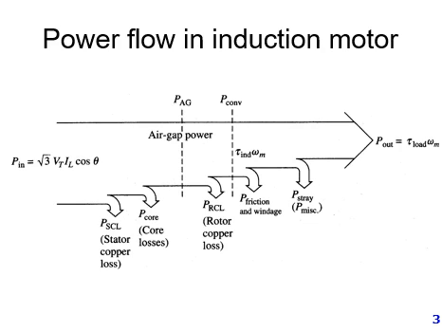In this power flow diagram, it is quite obvious that this is our input power, after which we experience the stator copper loss and core losses. Then PAG, where AG stands for air gap. Air gap power is at this point, between the stator and rotor, after which the rotor losses are also considered.